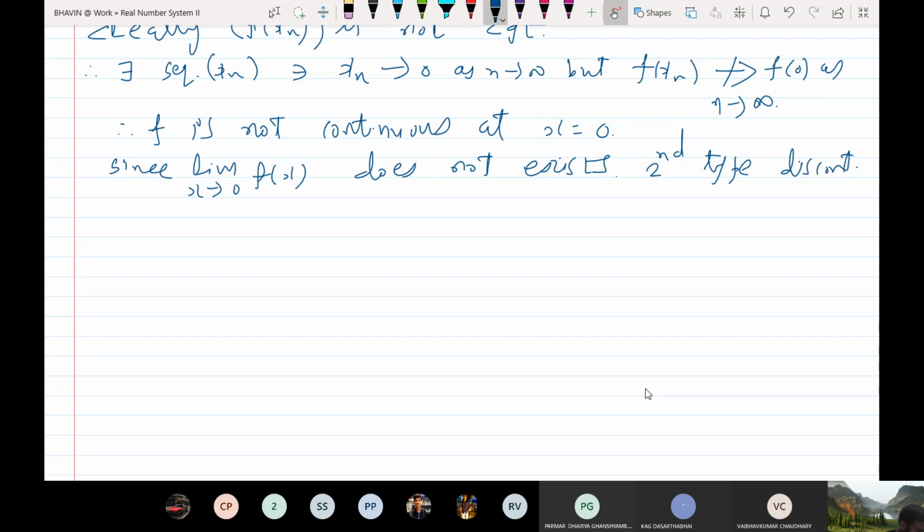Okay, now let me take the next example. Integer bracket function, a fractional function.